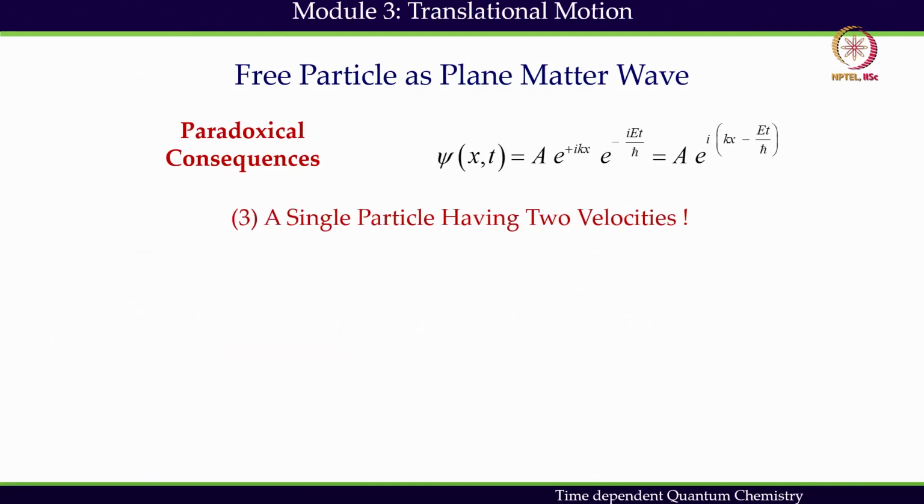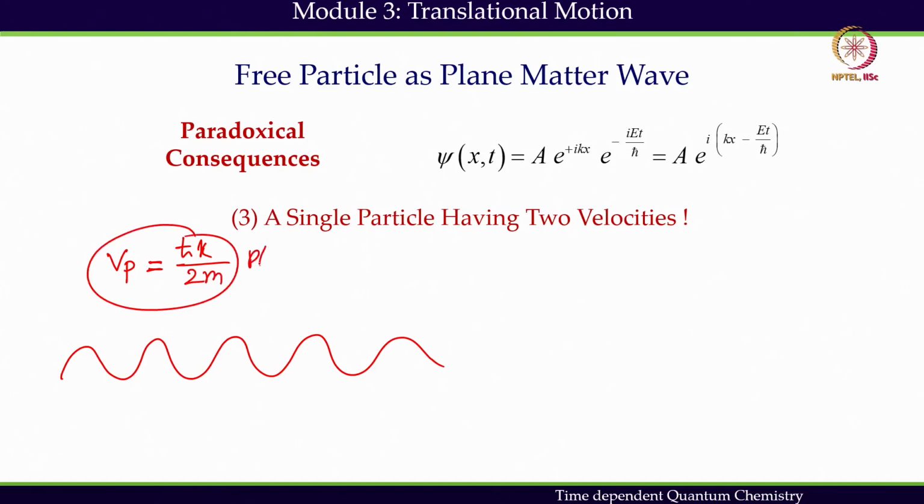The third problem with this solution is following. We have already explored that Vp, velocity of the particle. We said that the quantum particle is traveling with this velocity Vp, which looks like this. This is my quantum particle, a wave, nothing but a wave, matter wave, and its velocity is h cut k by 2m. That is called phase velocity. So, this is the velocity of the particle we are saying.